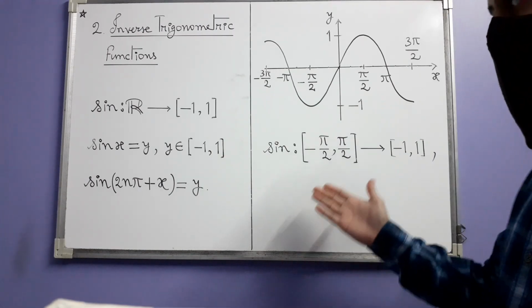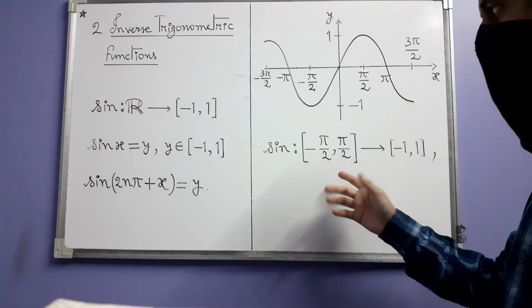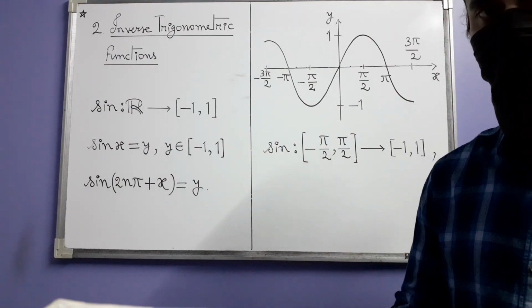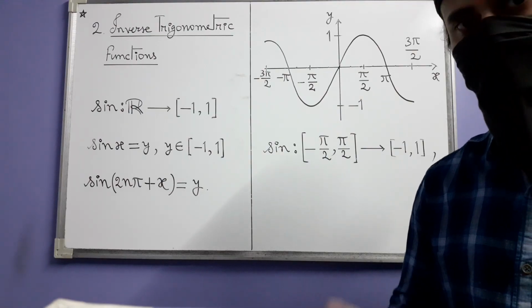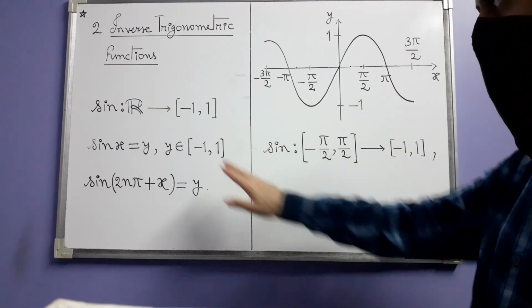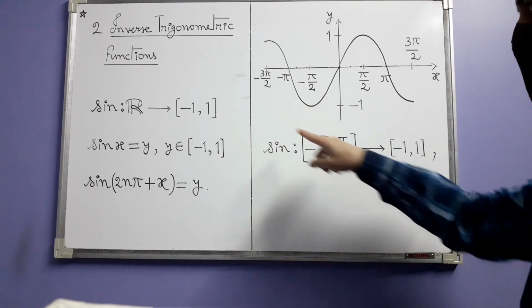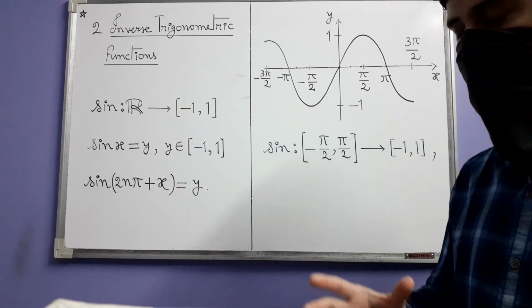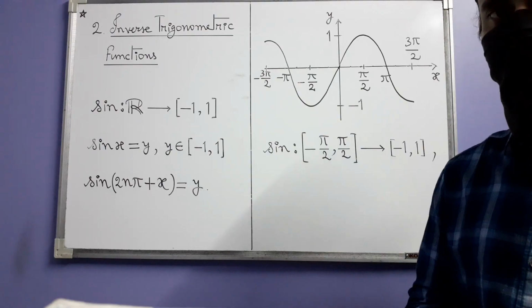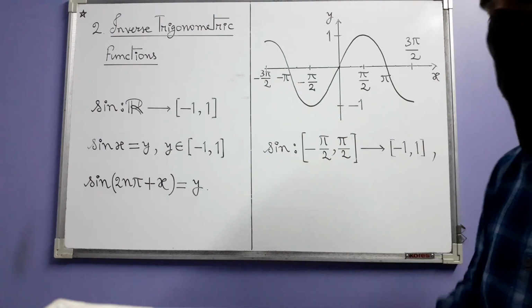We keep the function intact, which means we do not change the rule of the function. It is still the sine function. We also do not change the range, but we change the domain. Or to put it more accurately, we are restricting the function to this interval.